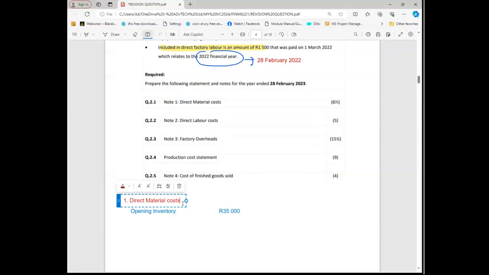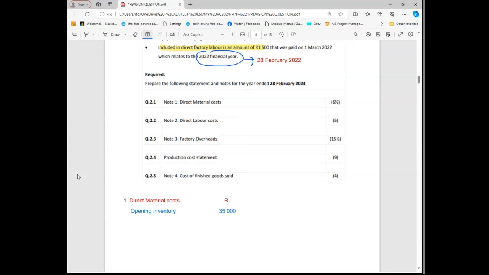So this is what I'm going to do now to avoid putting rands. I'm going to just put R here. So everything that is coming here is going to be R. Now, that's the first thing. Your lecturer said you must not focus on the general ledger account, but for me, you must also think about it because these are the same things, and the ledger will give you that support to understand better.